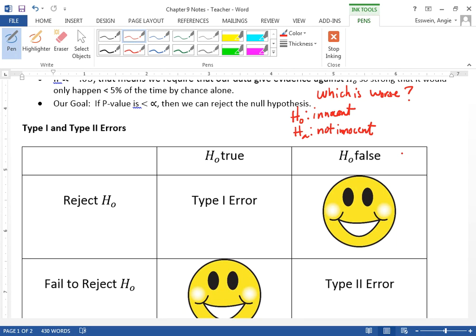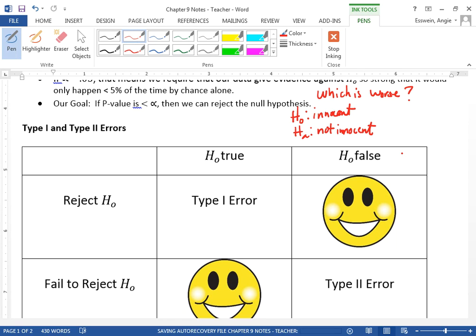In our court of law, it should be type 2, right? You want people to be innocent until proven guilty. So it'd be worse to make a type 1 error.